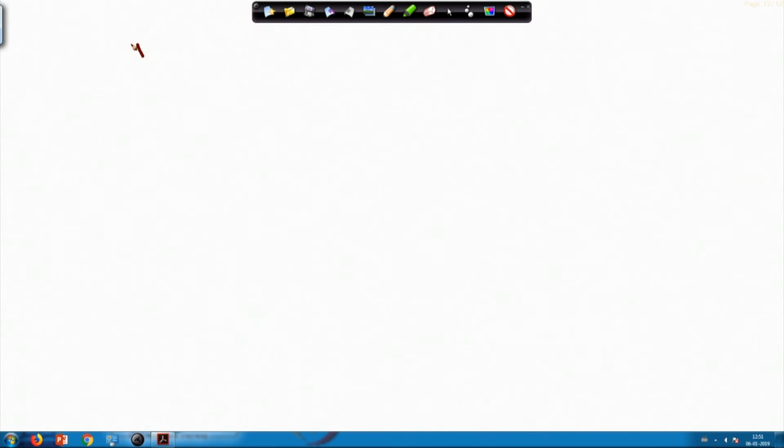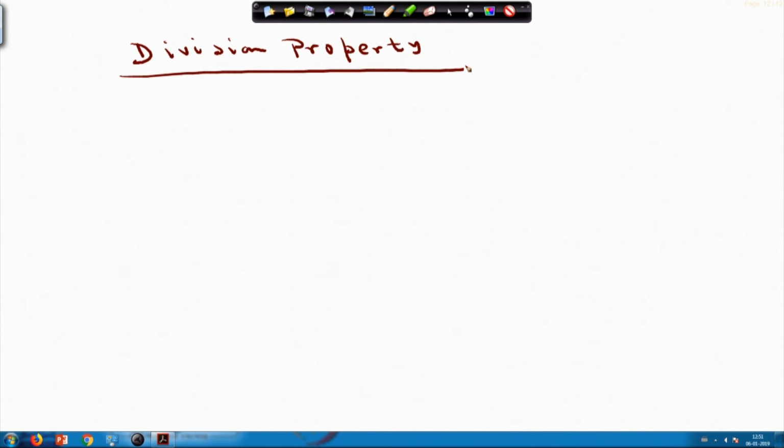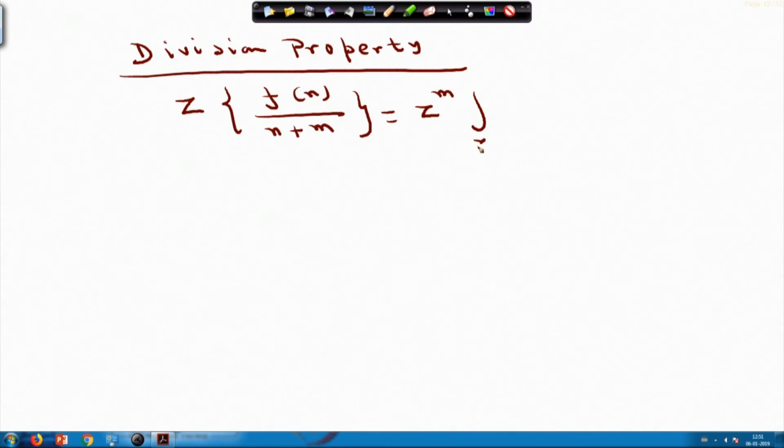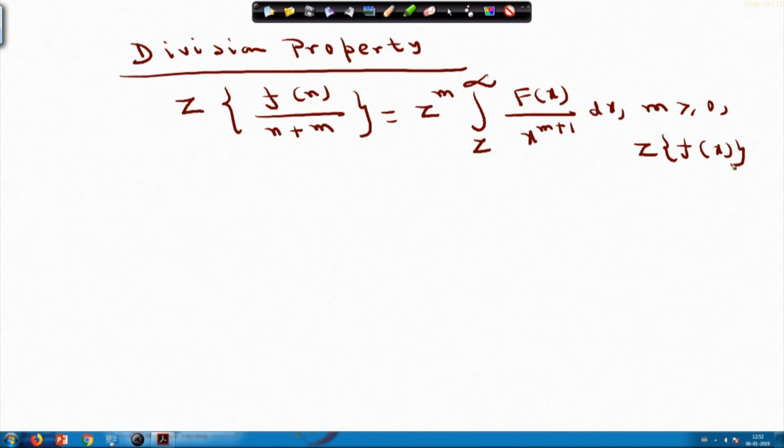Now, there is another property which I call the division property. The division property says that the Z transform of f(n) by n plus m equals z to the power m into the integral from z to infinity of F(x) by x to the power m plus 1 into dx, where m is greater than or equal to 0 and the Z transform of f(n) equals F(z).